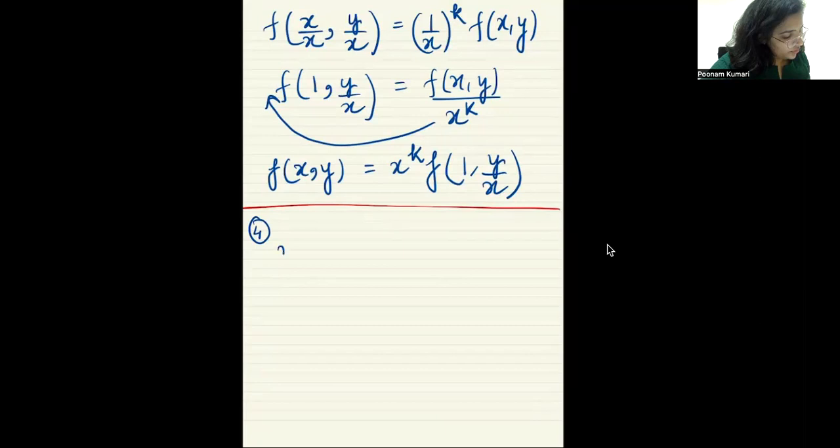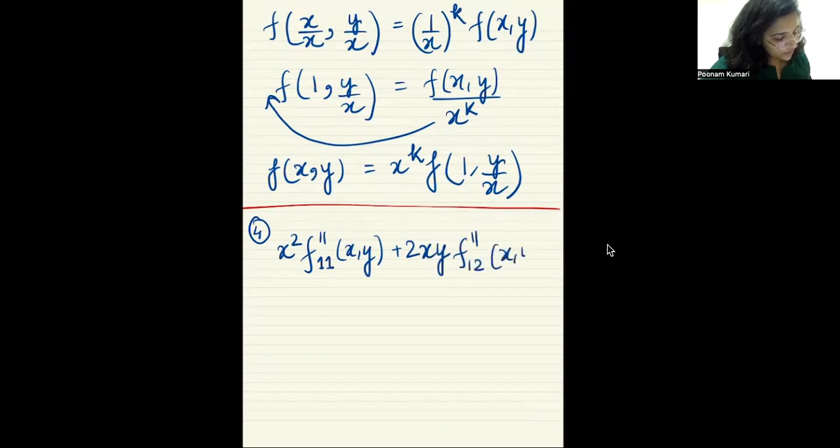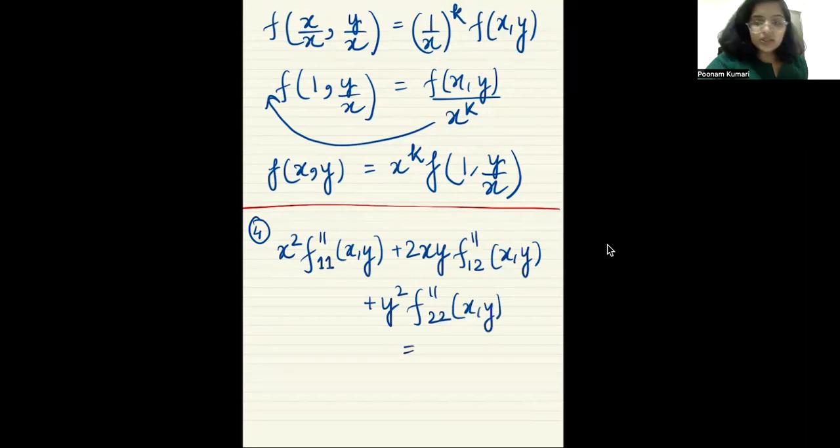So if you do x squared f double prime 11 (x, y) plus 2 times xy f double prime 12 and then you do y squared f double prime 22 (x, y), for a homogeneous function, it is going to be nothing but k times k minus 1 times f(x, y).